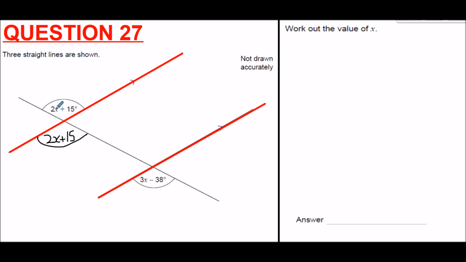So if this one's 2x plus 15, the one opposite will have to be exactly the same. So I'll just fairly briefly colour code this in, just so we know why they're matching up. So the main reason is the vertically opposite angles are equal.